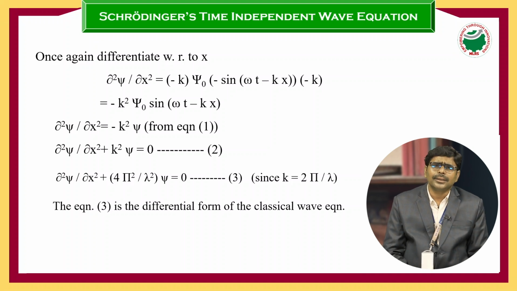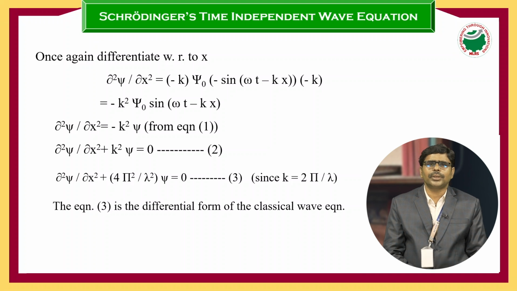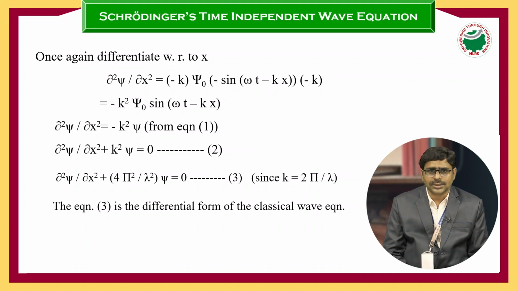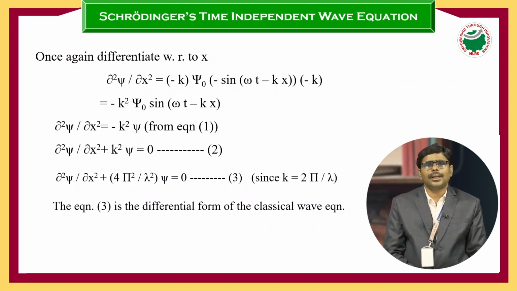We know that k is the wave vector, denoted by 2π/λ. Here, according to de Broglie's hypothesis, the particle is moving with the wave and it is associated like a particle: λ is equal to h/mv, where m is the mass of the particle and v is its velocity.